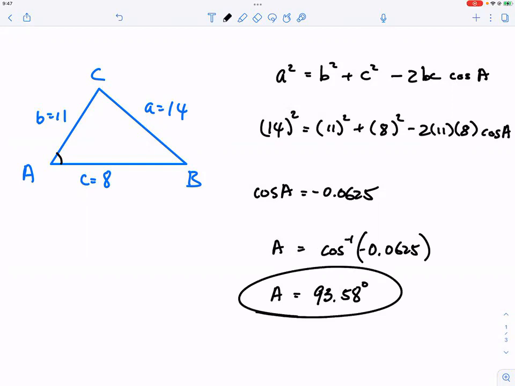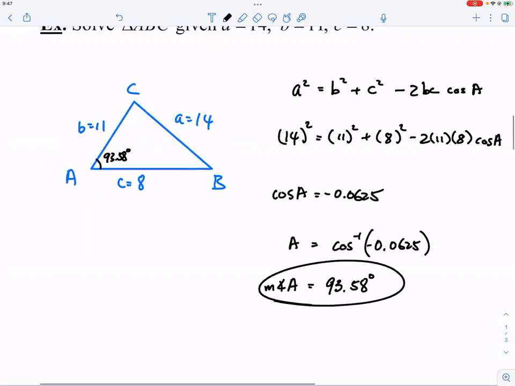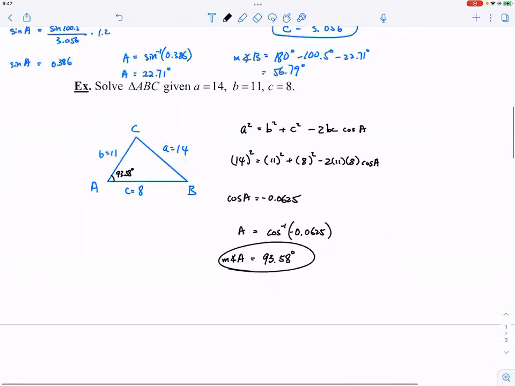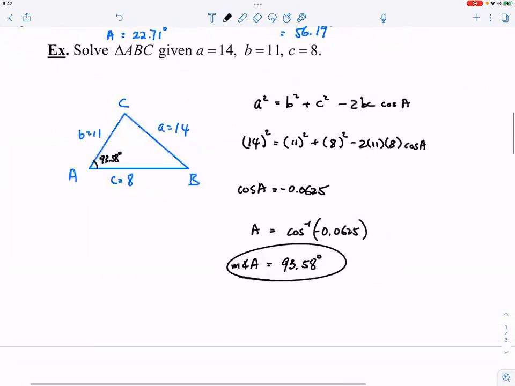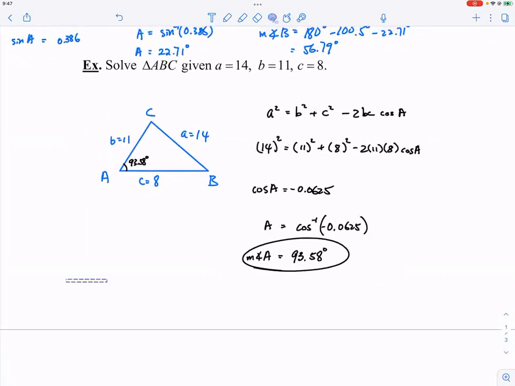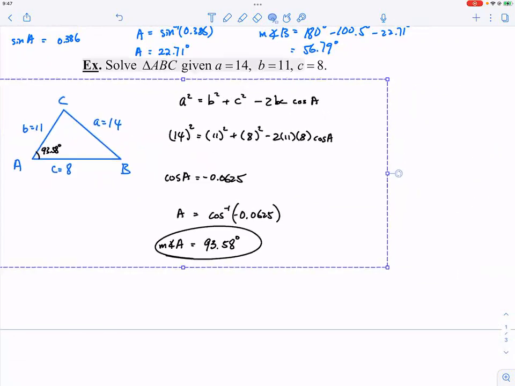Okay, so my drawing does not reflect the actual drawing, so it's not drawn to scale. All right, so that's the measurement of angle A right there. So you may continue to use law of cosines, or you may use law of sines to find the other two angles.